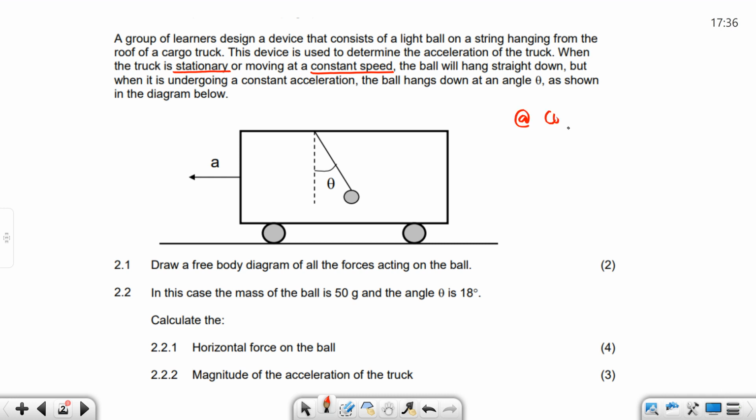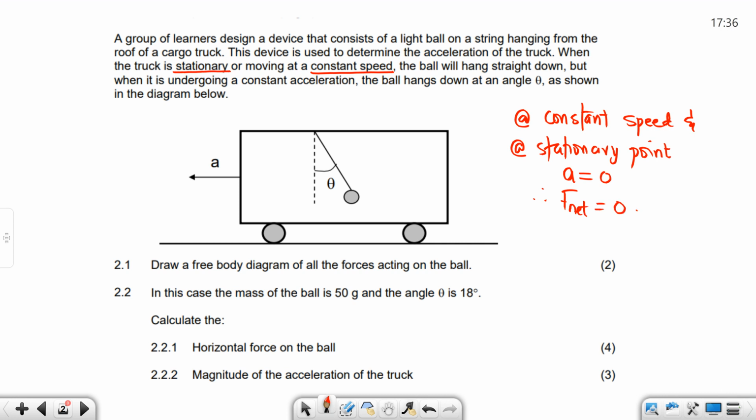At constant speed and at stationary point, acceleration is equal to 0. Therefore, F net is also equal to 0, so that is common to the two scenarios. All right, the ball will hang straight down.